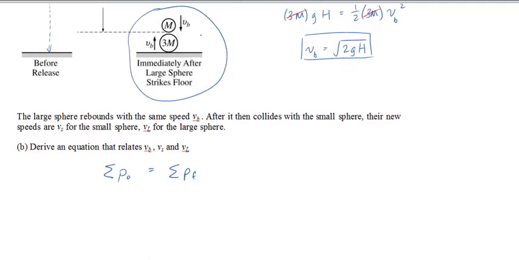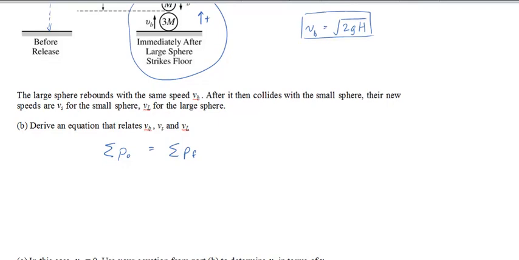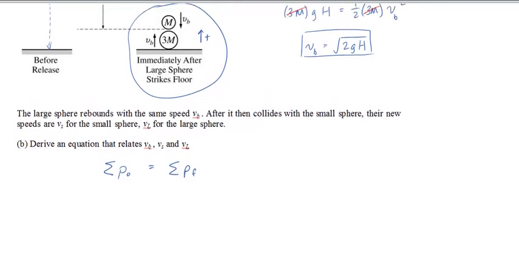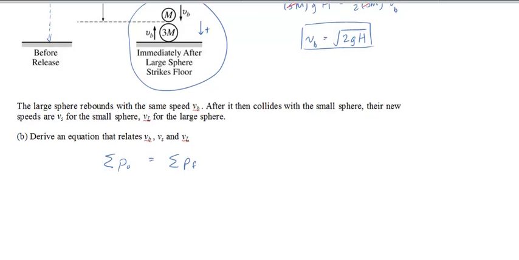I'll call up positive. Actually, I just glanced at the solution. They have down as positive for some reason, but there you go. Our initial is then mass, so m times VB, the small mass, minus 3m times VB. Right, moving at the same speed but in opposite directions.